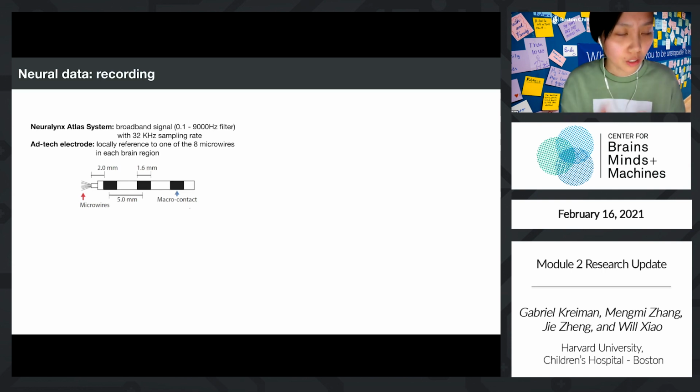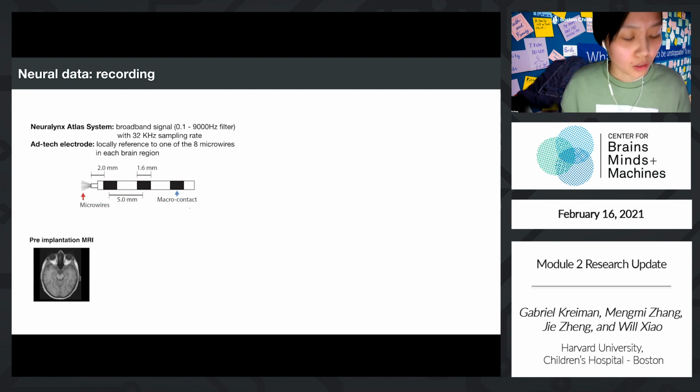In terms of the neural data, what we are using is single unit activity recorded from the human subjects using the Neuralink systems and also these hybrid micro and macro electrodes. The typical procedure is that the subjects first have a pre-implantation MRI scan.